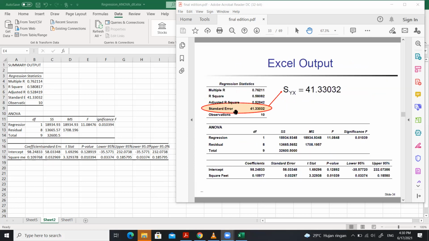And this is the standard error. You can see the standard error is 41, and you can check from the Excel also, similar, 41. And the total observation is 10.